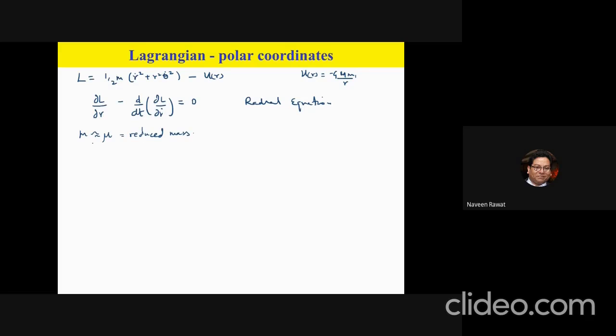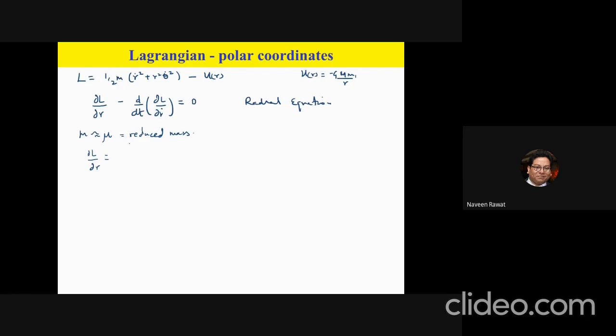So let's find the first term. In the first term, we are taking the partial derivative with respect to r, and if you look at this expression here, there is only one term which has this r term, which is r square. The rest of the terms are r dot and U of r. In fact, U of r also has a term r, so we have to be a little bit careful.